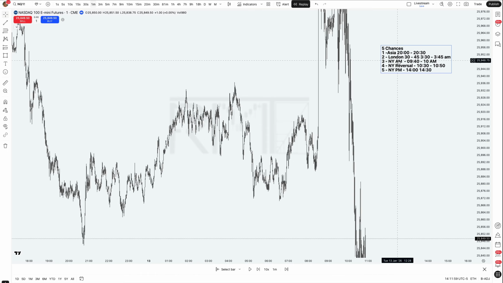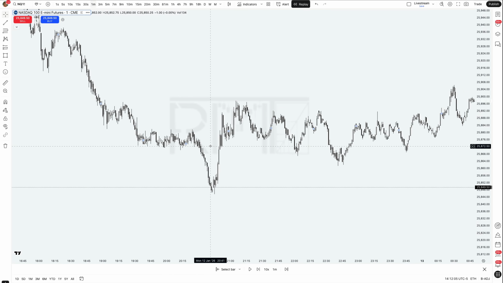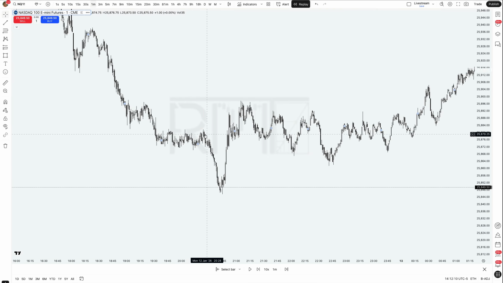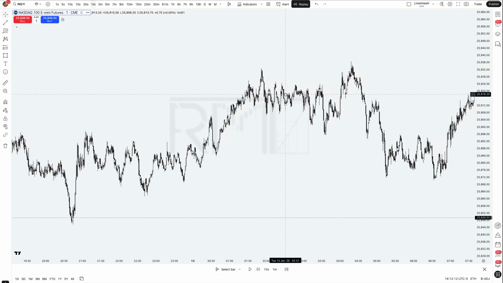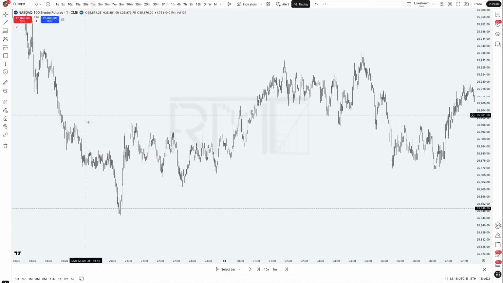But before talking about the New York session, what do these 2 time windows tell me? If my first chance is around 8 to 8:30 p.m., I can see, if I was taking London, because I don't trade Asia, since it's slow. Sometimes it's the first part of the day. We need to see what price is most likely to do. But if I was taking trades in London, I could see that was the swing low of the day.